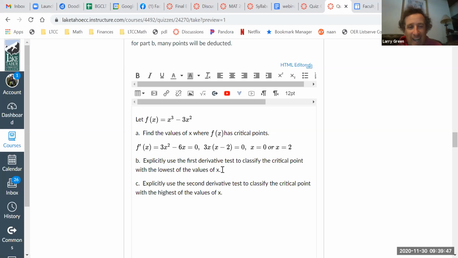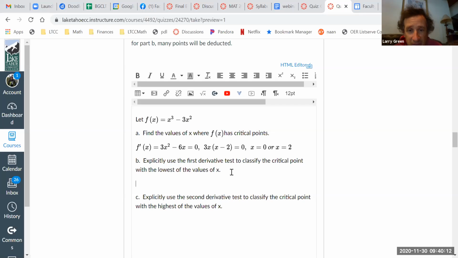I thought the instructions were clear. You need to use the first derivative test, not the second derivative test. There were a group of you that used the second derivative test, and that's not okay. The whole point is I wanted to test you to see if you remembered how to use the first derivative test, and to see how you use the second derivative test. That's why I had a B and a C.